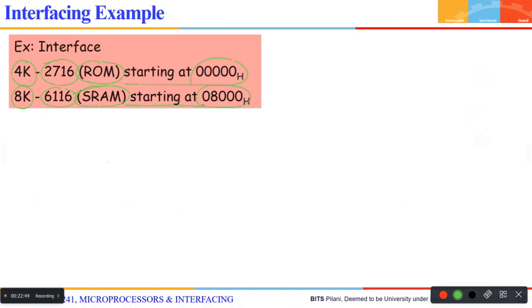You have to interface 4K memory 2716 and 8K memory 6116, starting from the address 0800. Can you tell me what is the ending address for this entire ROM, if the starting address is 0000H?